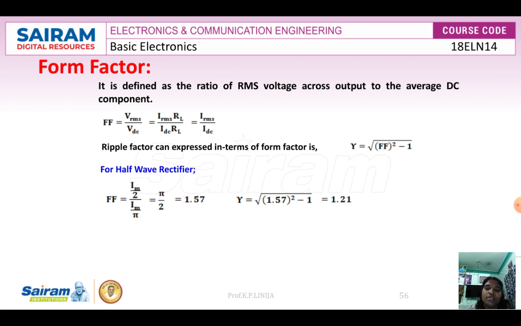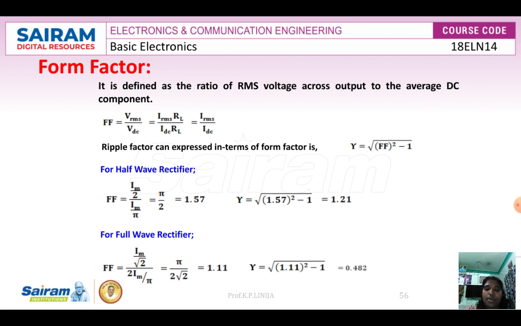The half wave rectifier form factor value is 1.57. For the full wave rectifier, the form factor value is pi divided by 2 root 2, that is 1.11. The same way, gamma is equal to root of 1.11 squared minus 1, which is equal to 0.482.